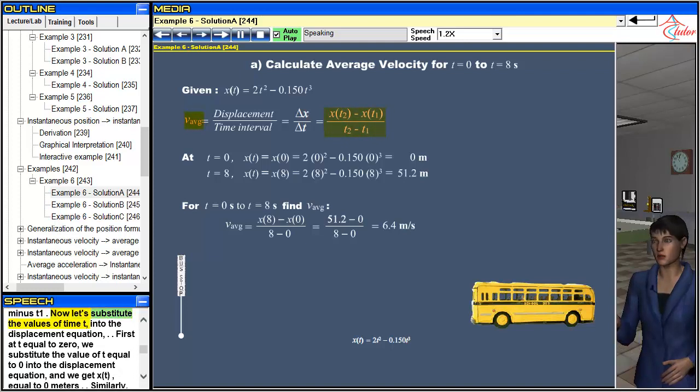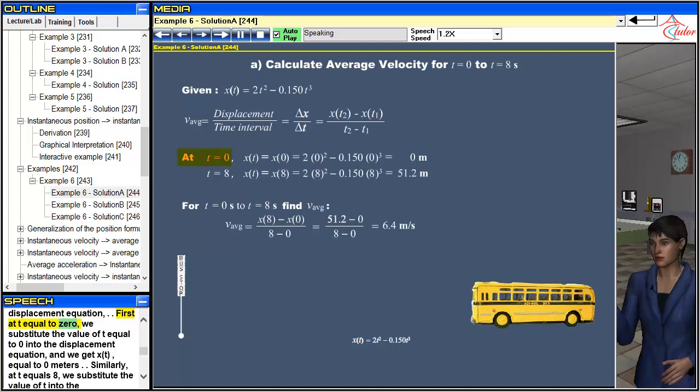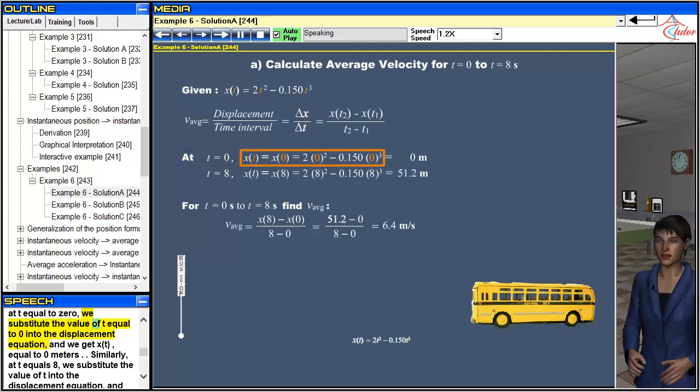Now let's substitute the values of time t into the displacement equation. First, at t equal to 0, we substitute the value of t equal to 0 into the displacement equation, and we get x of t equal to 0 meters.